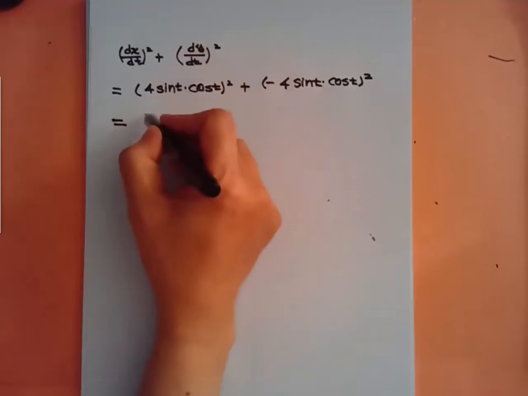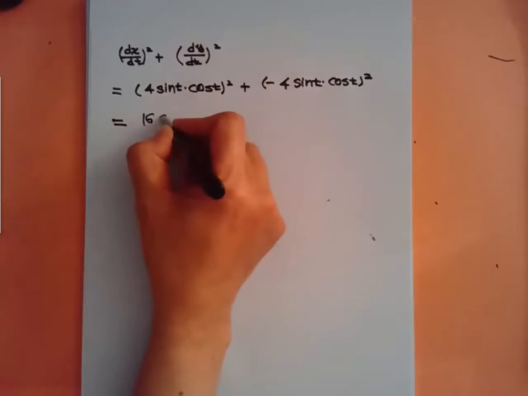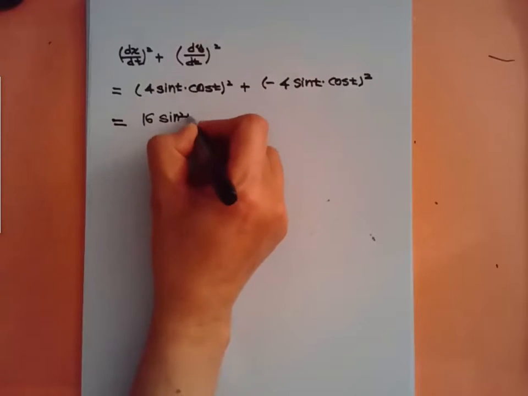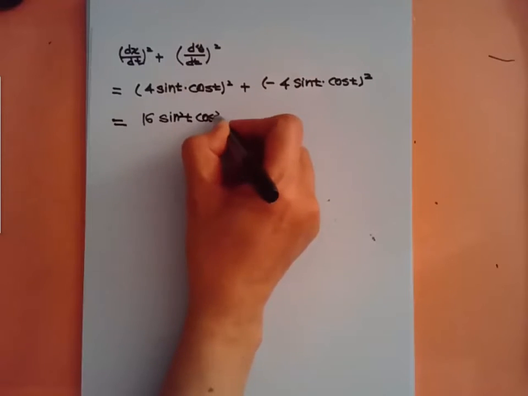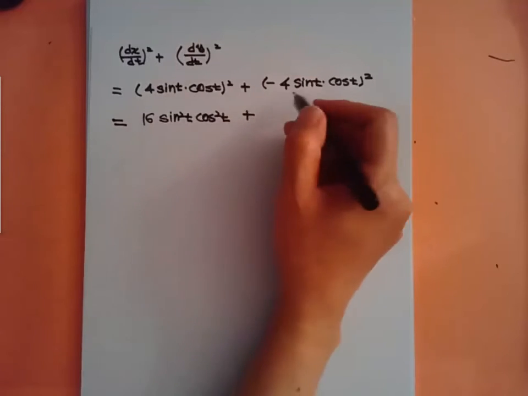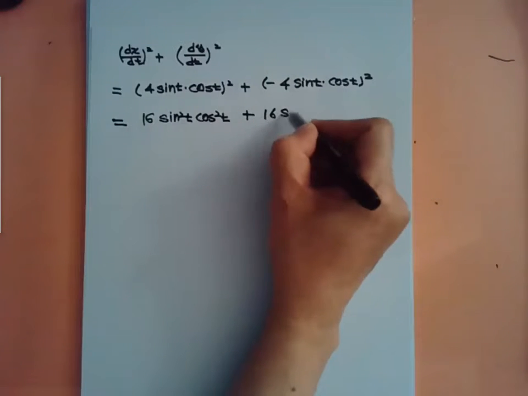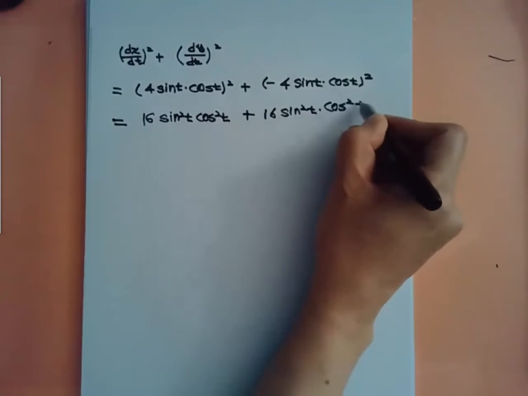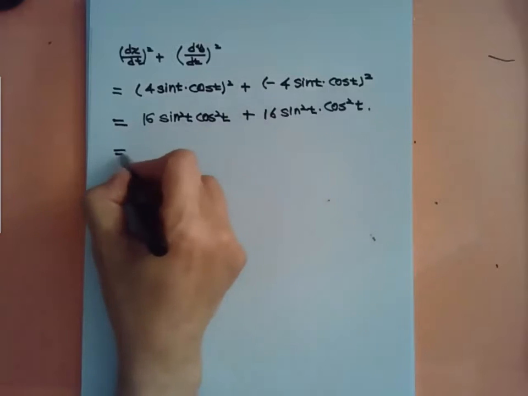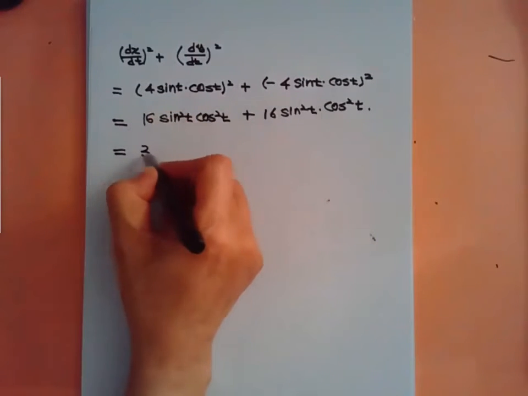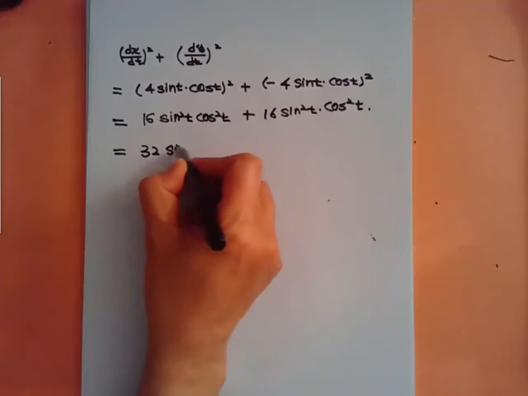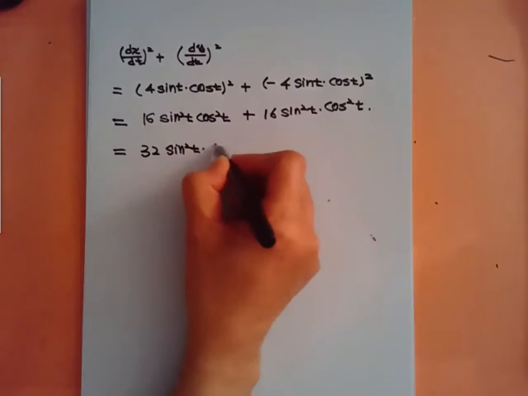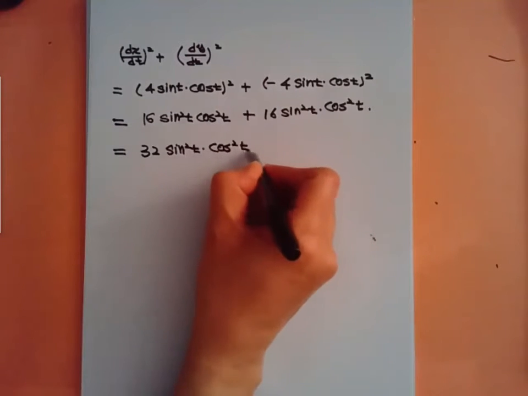So each one will become 16 sine squared of t cosine squared of t. Let me just write down 16 sine squared of t times cosine squared of t. So we are adding both, then 32 sine squared of t times cosine squared of t.